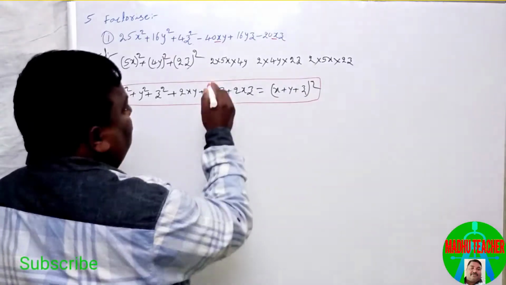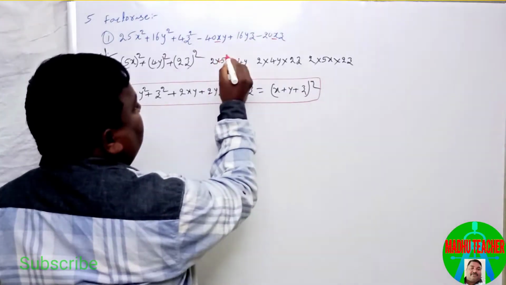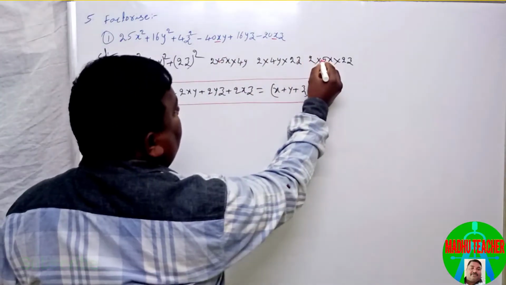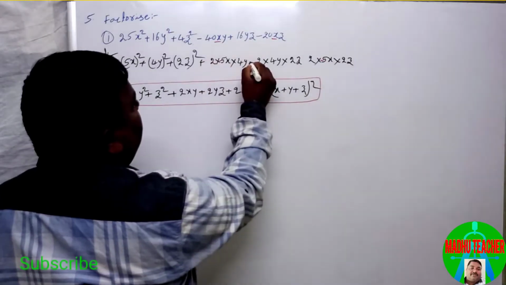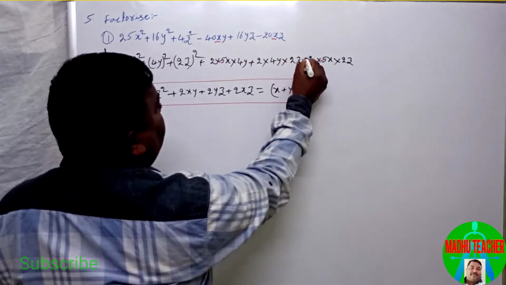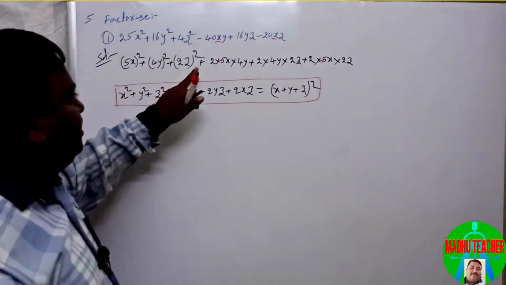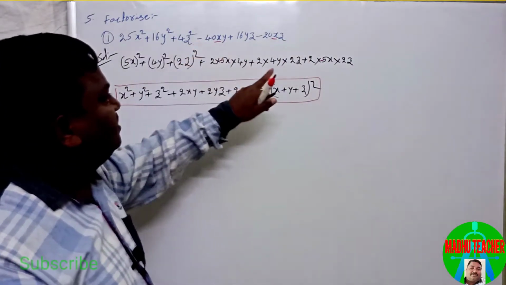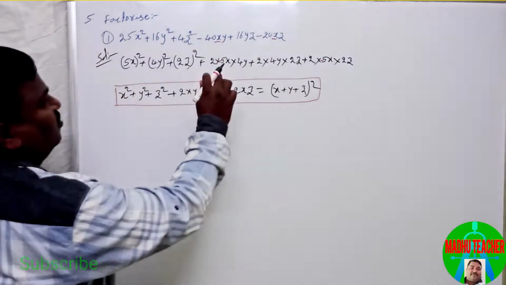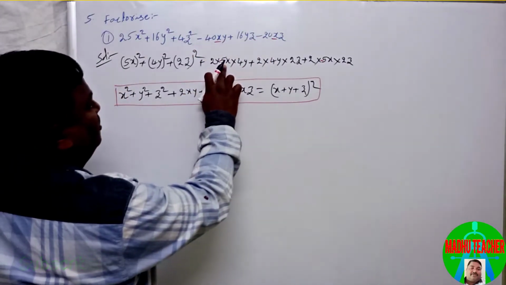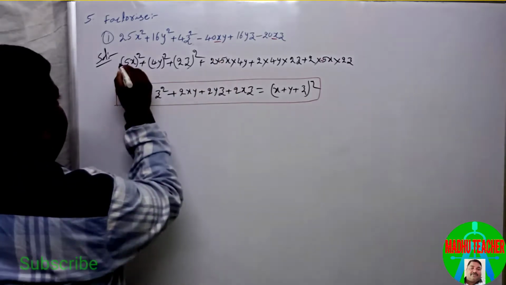So here minus, and it is also minus. So we can write simply here plus into minus, minus. So the x term should contain minus. So it is minus.